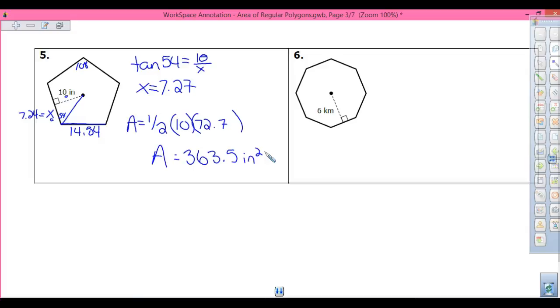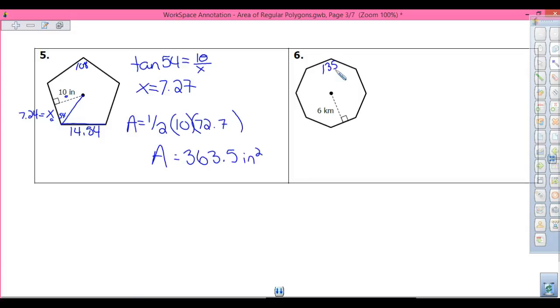Alright, so now we've got an octagon again. Each angle of an octagon is what? 135. How did you get that? Because I think we're still confused as to how we're getting that number.